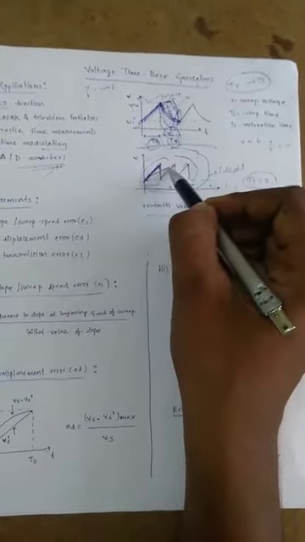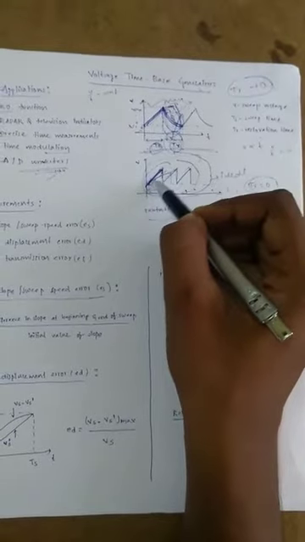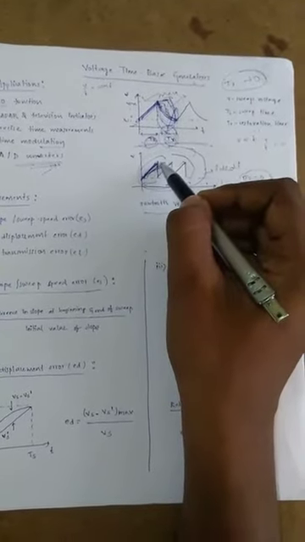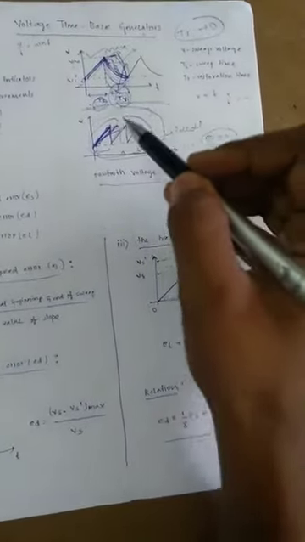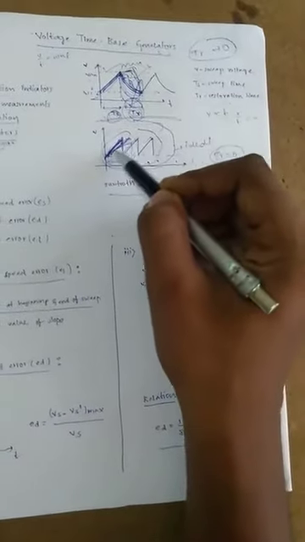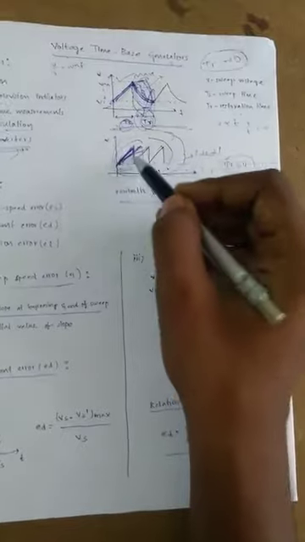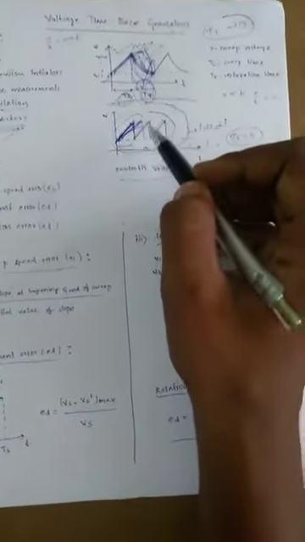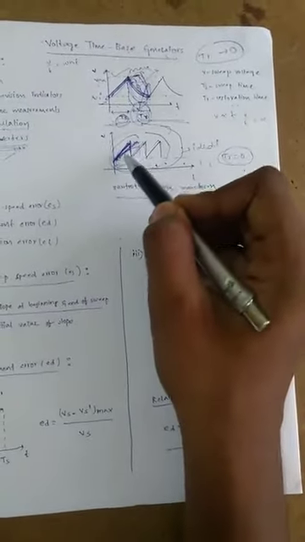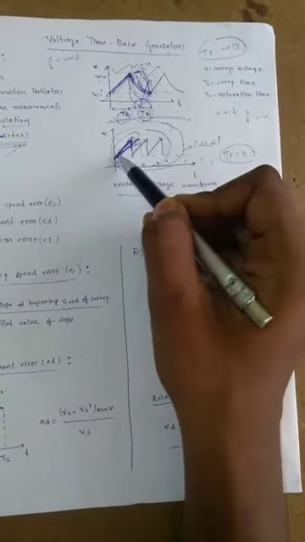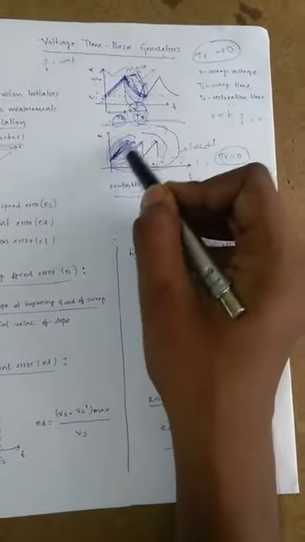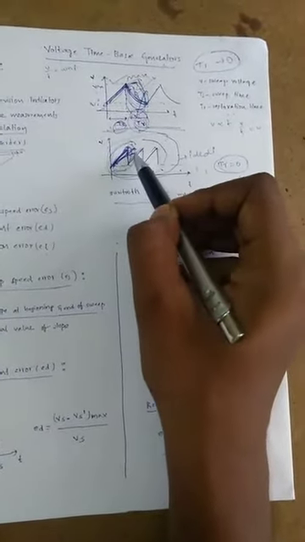There may not be an exact variation of voltage with respect to time. The output voltage may be distorted, and it may lose linearity and attain non-linearity.